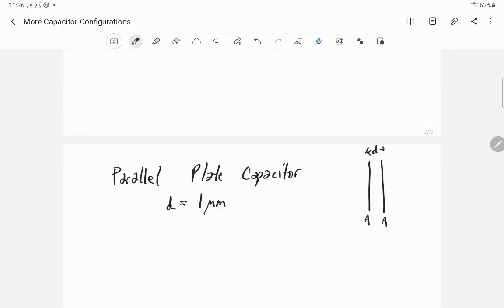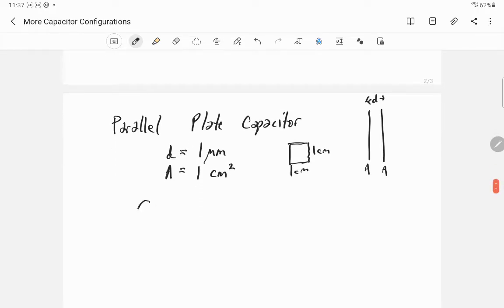So the distance of separation is 1 micrometer. And let's say the area is 1 centimeter squared, because areas are distance squared. So you could imagine these little areas as being a little 1 by 1 centimeter area.